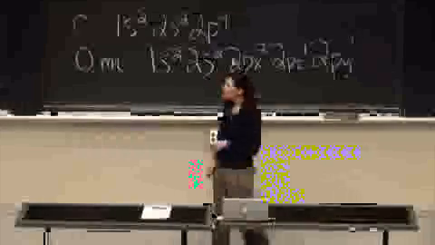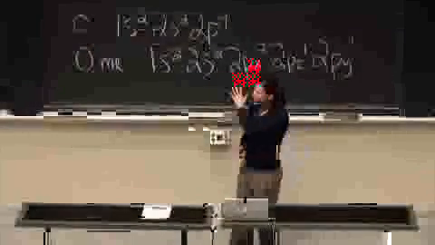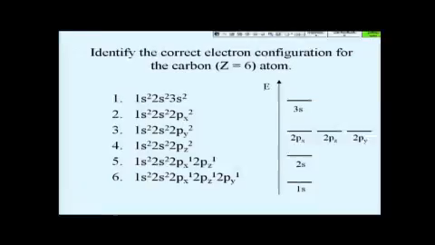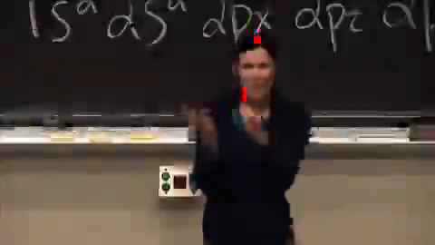So let's do a clicker question on assigning electron configurations using the Aufbau principle. So why don't you go ahead and identify the correct electron configuration for carbon, and I'll tell you that Z is equal to 6 here. And in terms of doing this for your homework, I actually want to mention that in the back page of your notes, I attached a periodic table that does not have electron configurations on it.